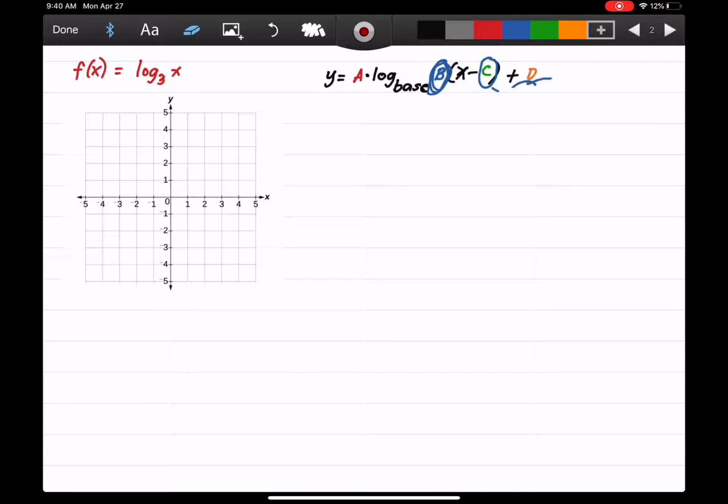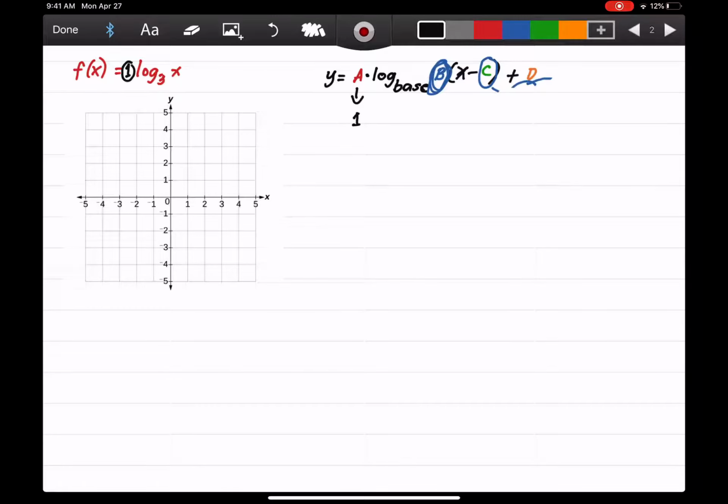Okay, before we answer that, let us just try to determine the values of A, B, C, and D in our given function. So your A is equal to 1, because there's actually a 1 here.